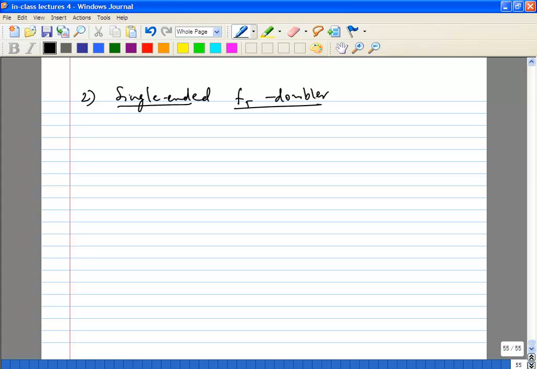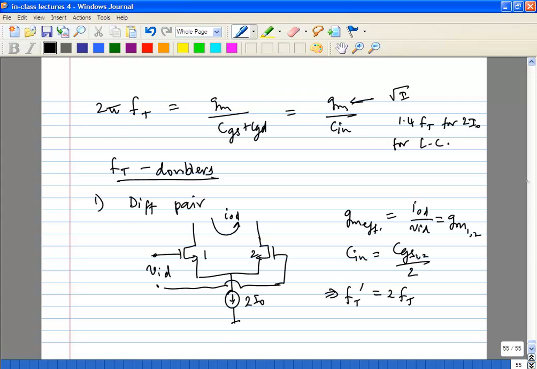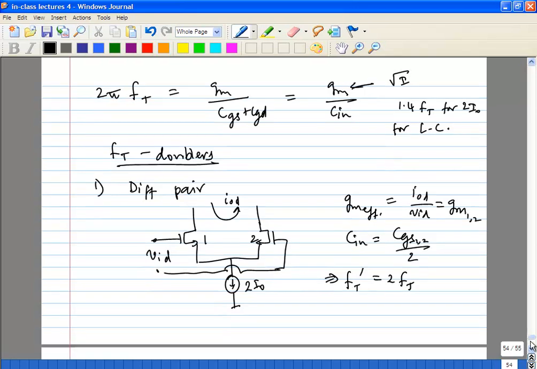So what you do is you take the same guy, and you are going to reverse the gate and source connections, which means the signal current gets reversed in phase, and then you can sum the outputs instead of taking the differential output. So it looks something like this.